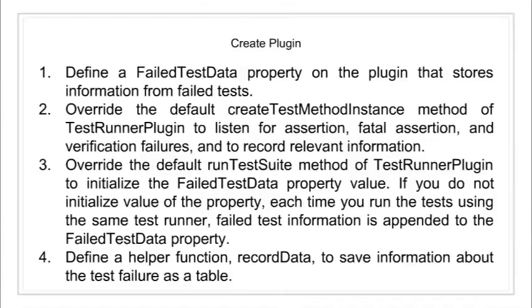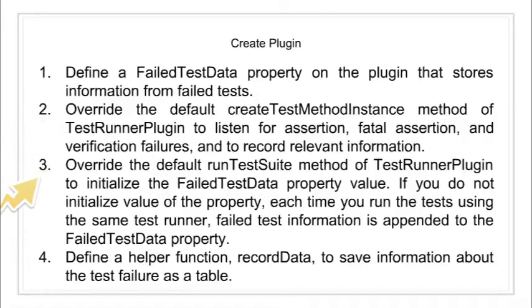So before moving on to the code, let me tell you what I have done. I have created a plugin that inherits from the TestRunner plugin class. In that, I have first defined a failed test data property on the plugin that stores information from the failed test. Second, I have overridden the default create test method instance method of the TestRunner plugin to listen for assertion, fatal assertion, and verification failures and to record relevant information.